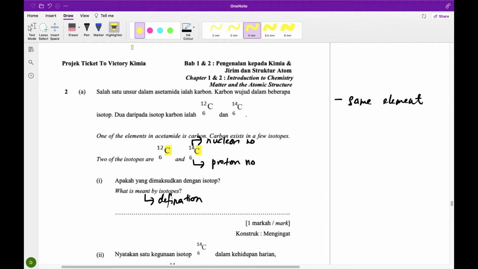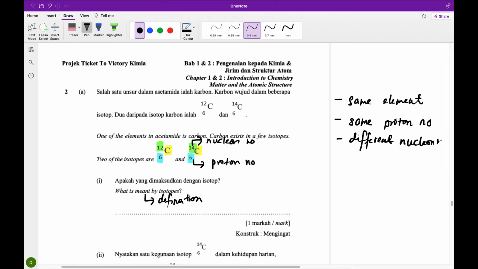Second key point, the proton number is the same. The third key point is the nucleon number, which is different. So by using the three key points, we can define the definition.